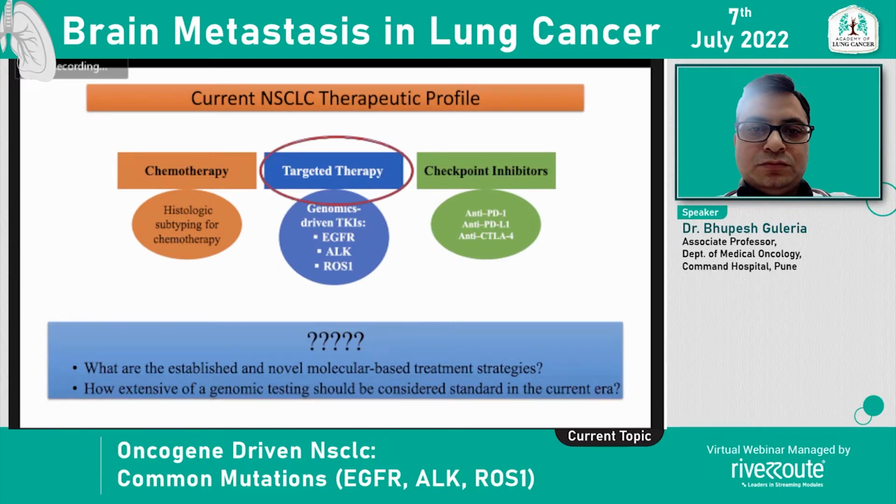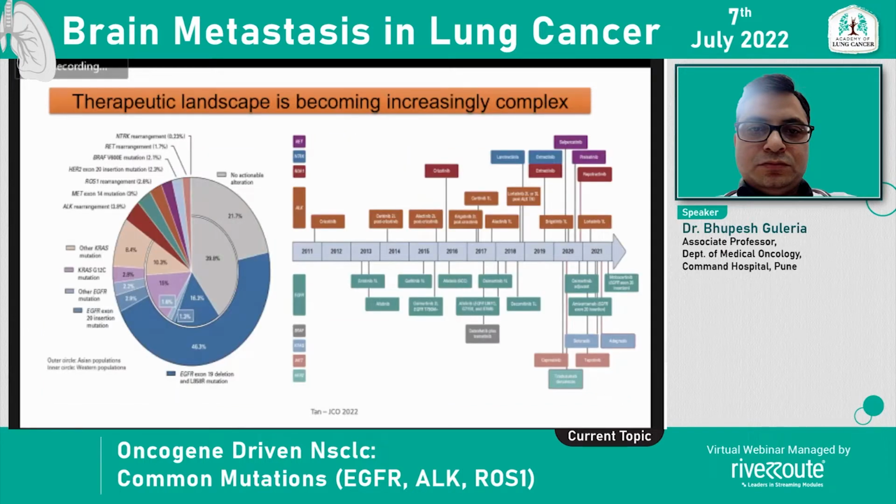But things are changing so fast that we are always on our toes in decision making as to what are the established and equally important novel molecular-based treatment strategies. For that, we need to decide how extensive the genomic testing should be, which has to be standard in the current era.